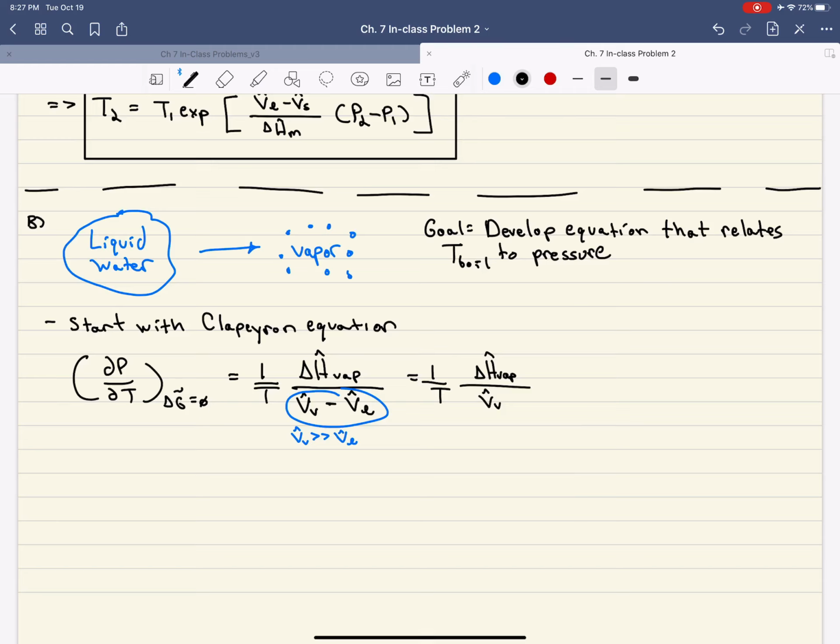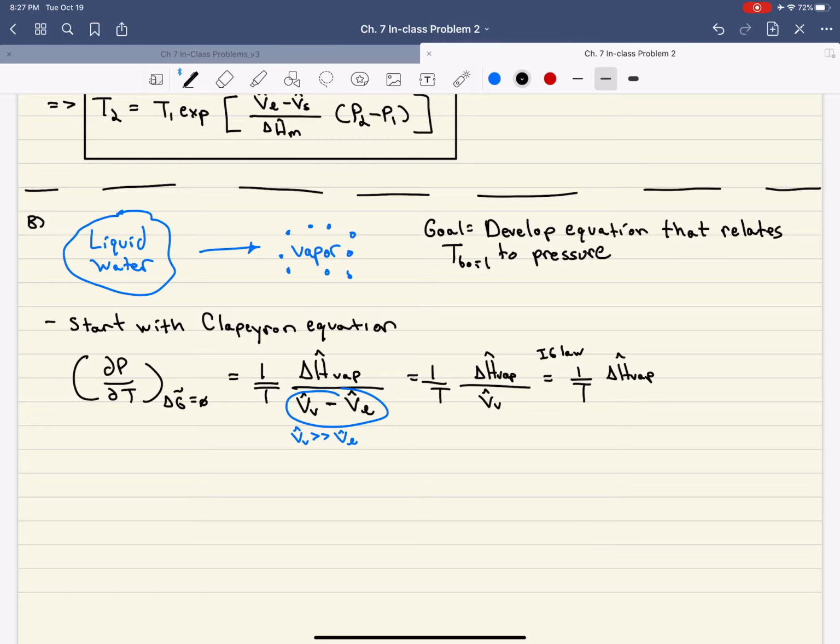Now that we have the molar volume of the vapor in the denominator, we're going to apply the ideal gas law. Actually, this is a specific volume, not the molar volume, so it's in kilojoules per kilogram.